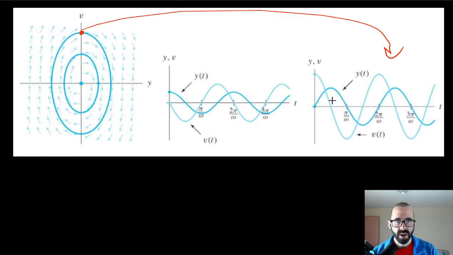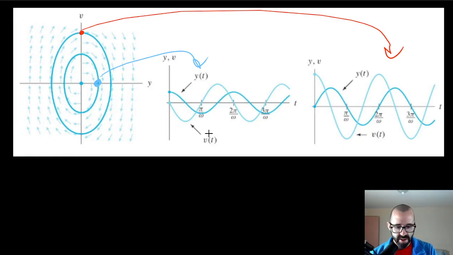And they have bigger amplitudes. Whereas if your initial condition is over here, with a positive y value and a 0 v, then you'd be over here. All right, that's pretty much what that looks like.